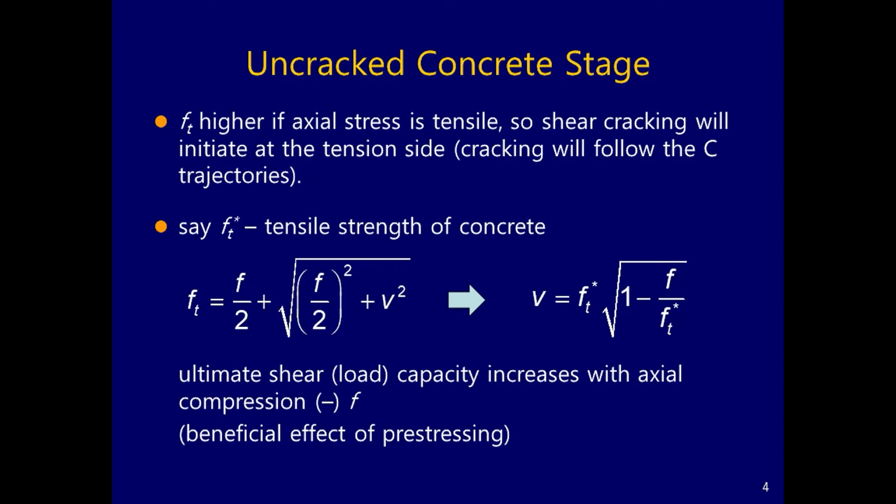And you will see that if you have axial compression, a minus value, then you will find out that shear capacity will increase. Okay? Because V right now is the shear stress at the onset of cracking. So with that minus F value, you have a beneficial effect of prestressing.